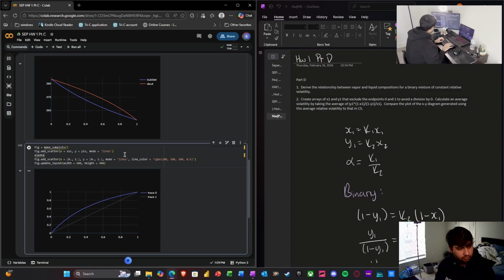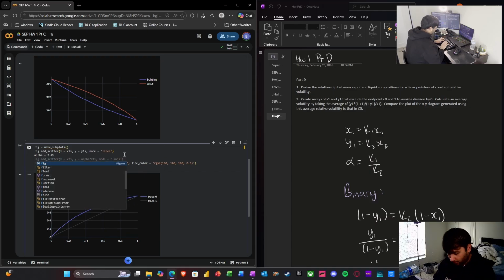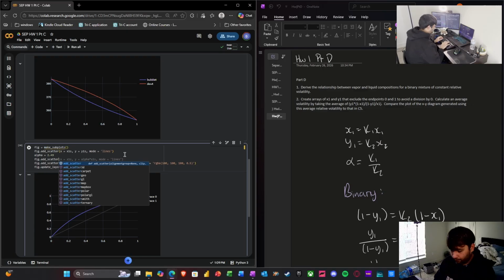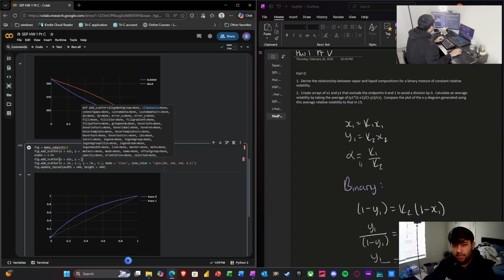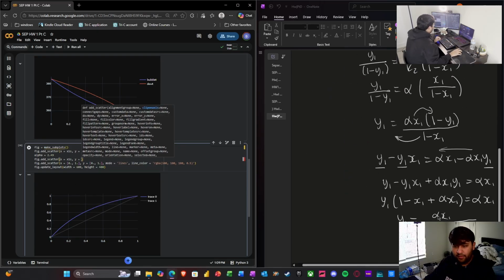Oh my god. It's 2.49. And we're going to go ahead and add another fig dot add underscore scatter. And our x is our liquid. And then our y is going to be our equation that we found.